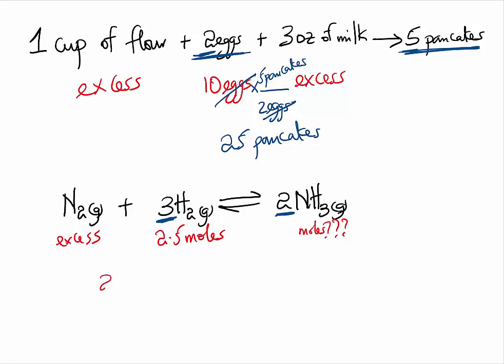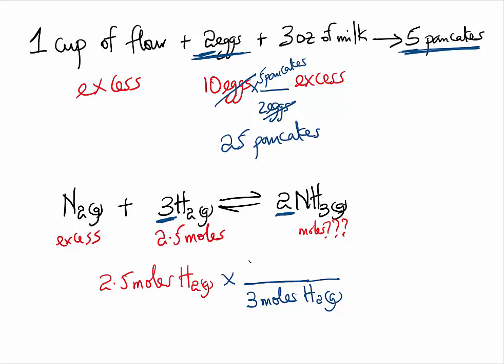So 2.5 moles of hydrogen gas was supplied. The relationship between what we want and what we know is that normally 3 moles of hydrogen gas will give us 2 moles of ammonia gas. If you cross out moles of hydrogen gas, then you can multiply 2.5 by 2 and divide by 3.